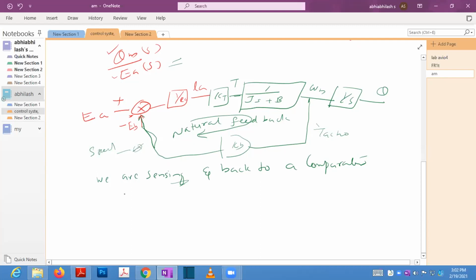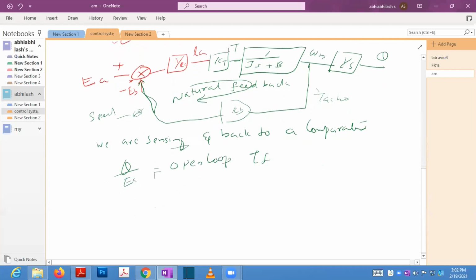Actually, this system theta divided by Ea of s is an open loop transfer function, because it is a natural feedback. When we actually sense something and feed it back, it is called a feedback.